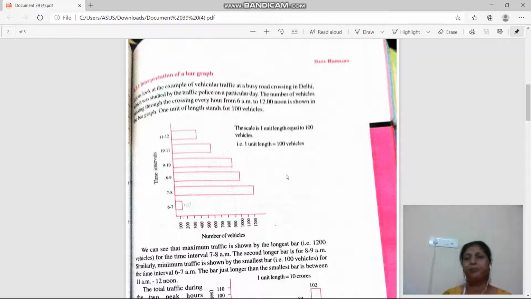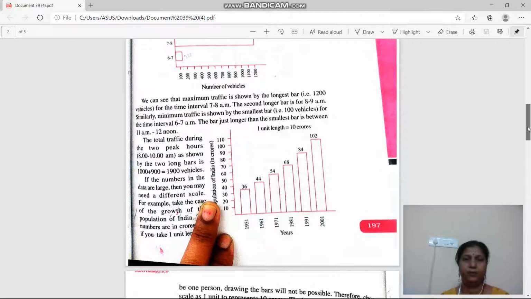Okay, the next graph we have studied is this vertical graph. Okay, in this graph this is the increase in the population of India. In the horizontal line, that is on the x axis, the years are given here.